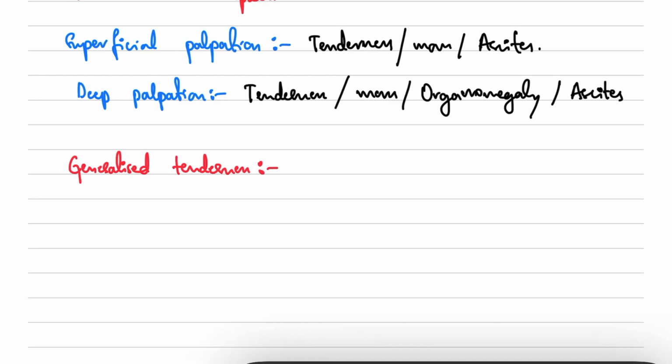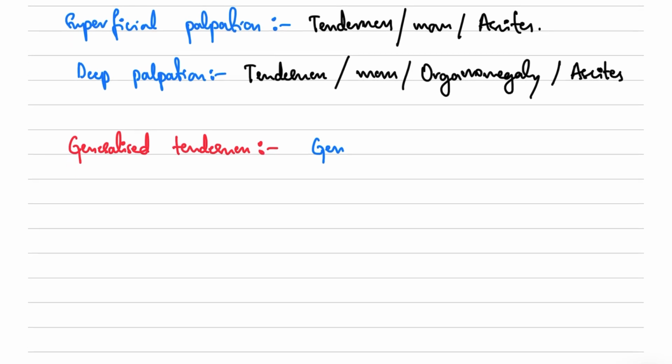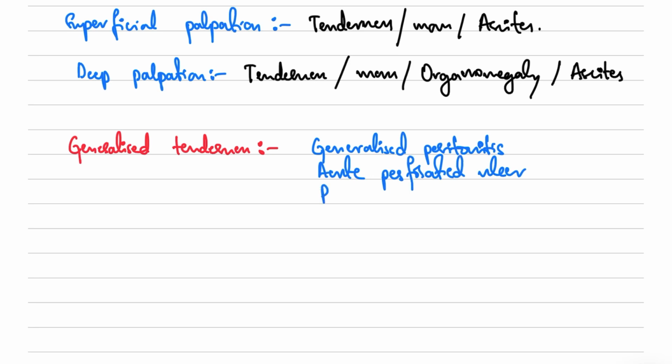If the patient has generalized tenderness, then it can be due to a generalized peritonitis, it can also be an acute perforated ulcer, it can also be a perforated diverticulitis, it can be an appendicitis or a pancreatitis as well.